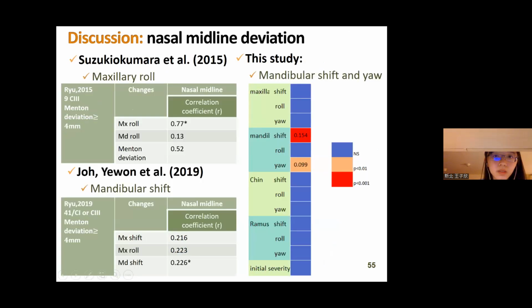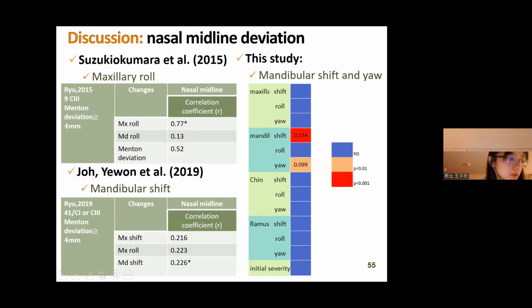For the nasal midline deviation, in the Suzuki Okumura study, they found that the change of nasal midline was related to the change of maxillary roll. However, in our study, it was related to mandibular shift and yaw asymmetry. The difference may be due to the small sample size in the Suzuki Okumura study, in which they only measured 9 patients.